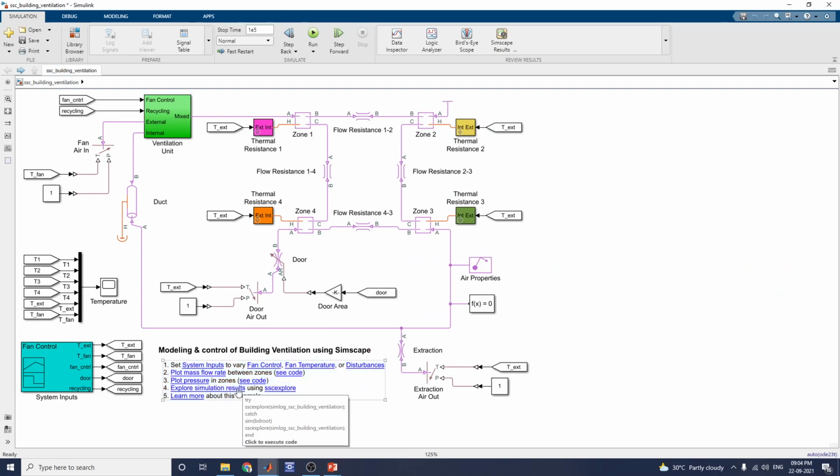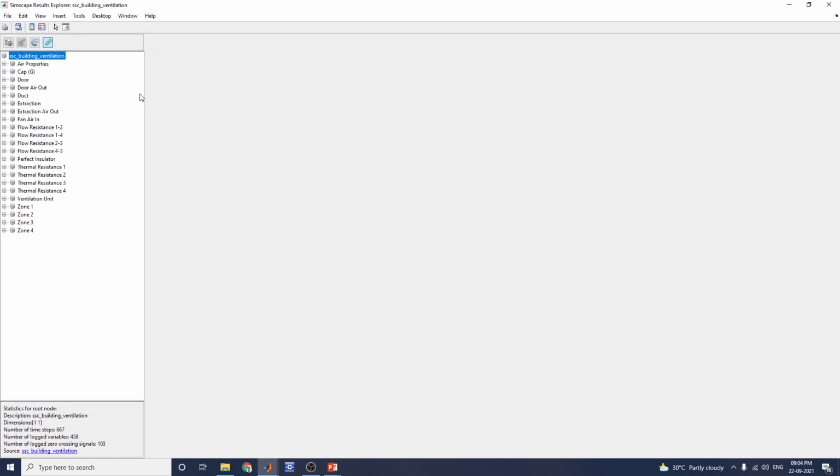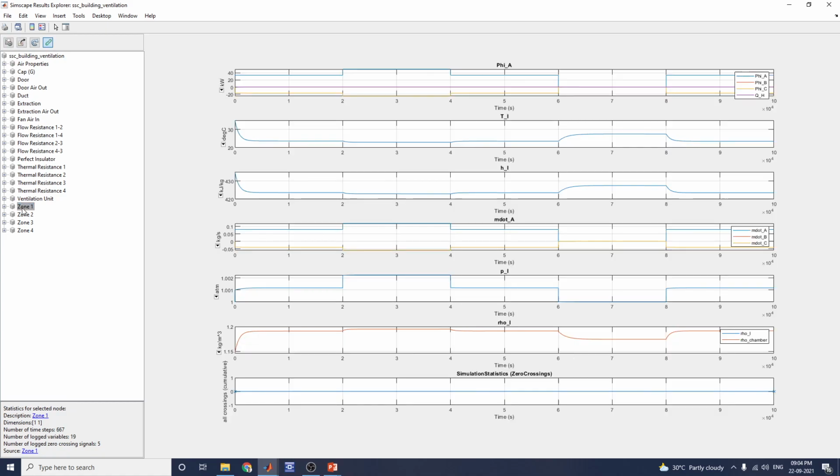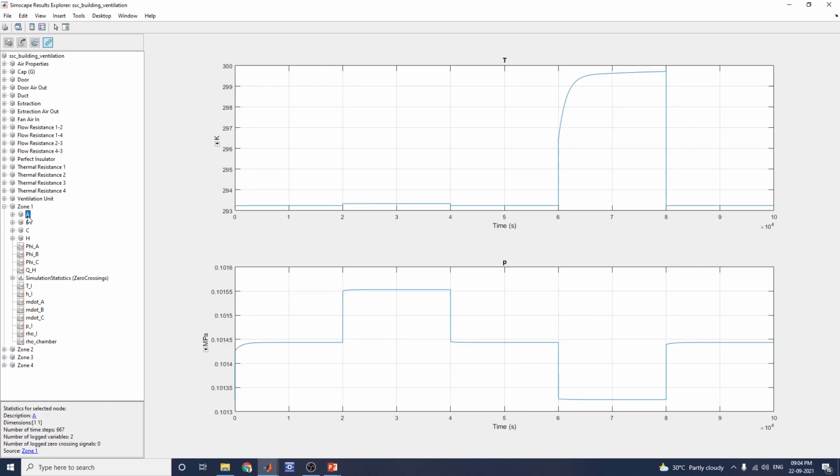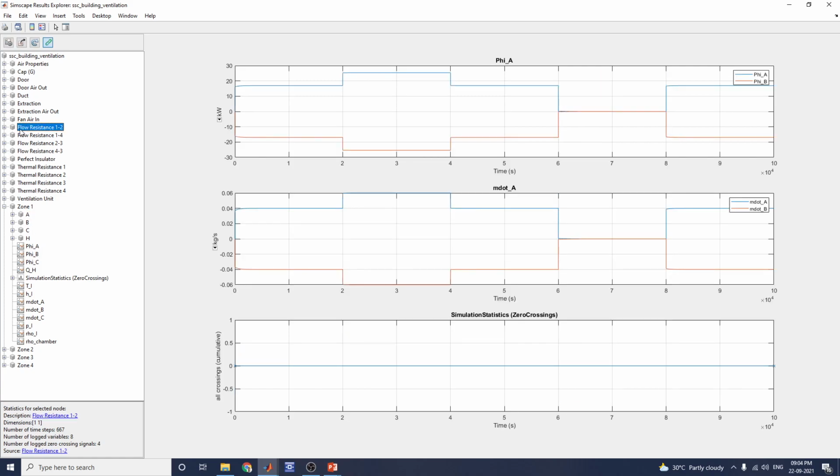Here also by using the Simscape Results Explorer block, we can analyze each and every block in this. Okay, now we can see zone 1, what the outputs are, that is the simulation statistics at zero crossing, all the things you can measure. At port A, what is the temperature in terms of Kelvin, and also here flow resistance.